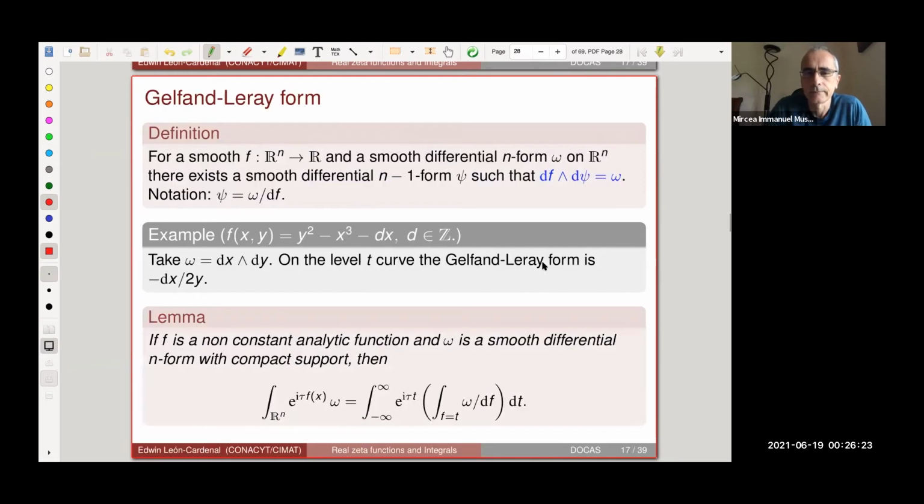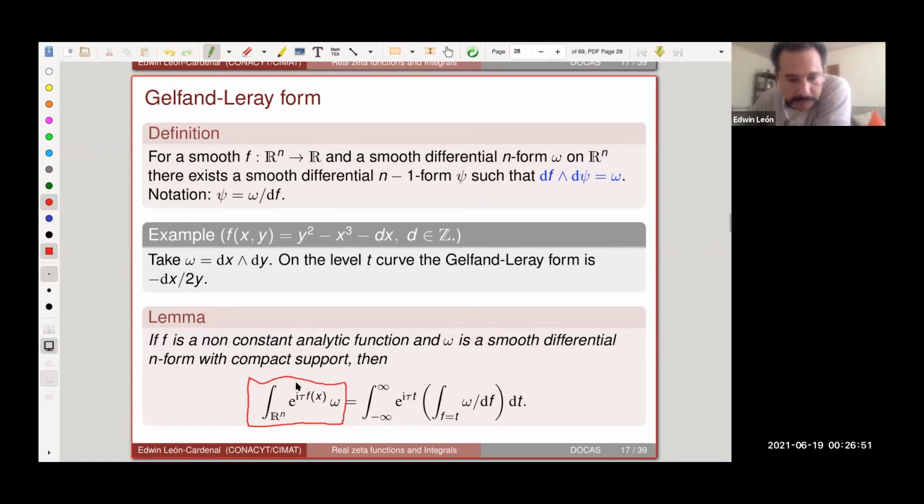Okay, so let's continue. This lemma says that this is always possible, so you can make this assumption that I wrote in the previous slide. So you can turn this integral into a one-dimensional integral of this form.